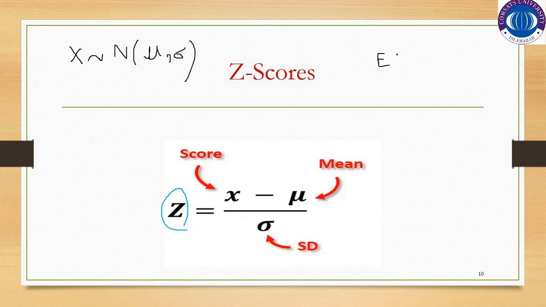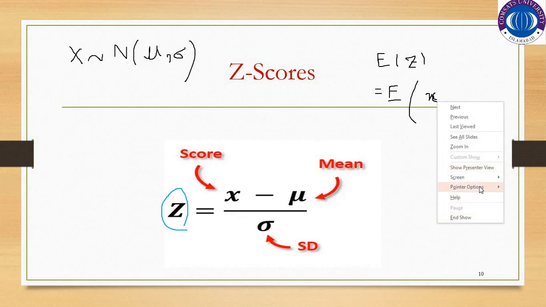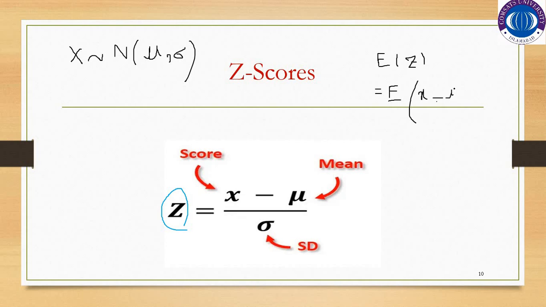By taking expectation on both sides, the expected value of Z is equal to the expected value of (x minus mu) over sigma.